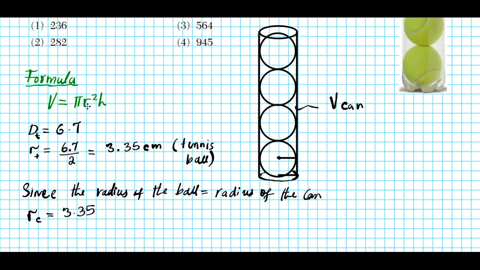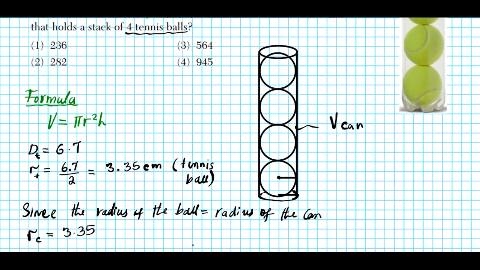Now, the formula is dependent on the radius and the height. So we know what the radius of the can is. It's 3.35. So what else do we need? We need to know what the height is. So from here to here, R is 3.35. Now, how do we figure that out?